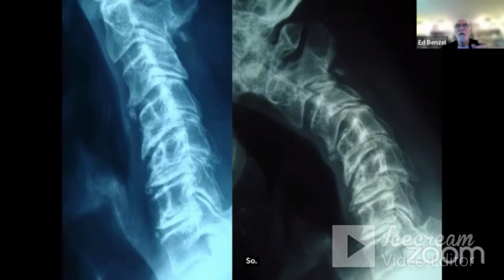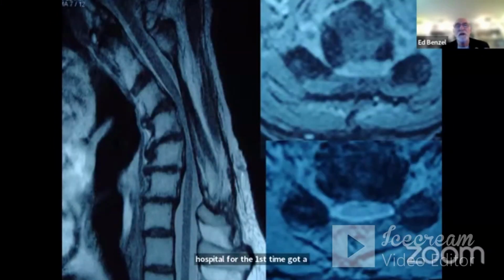So we got flexion extension films, and we see that because of the arthroses in the facet joints, he can't extend all the way, but he can flex as depicted here. So again, this is over 20 years ago. We, at least in our hospital, for the first time, got a dynamic MRI scan. We got flexion extension views, and this is what we saw in flexion.